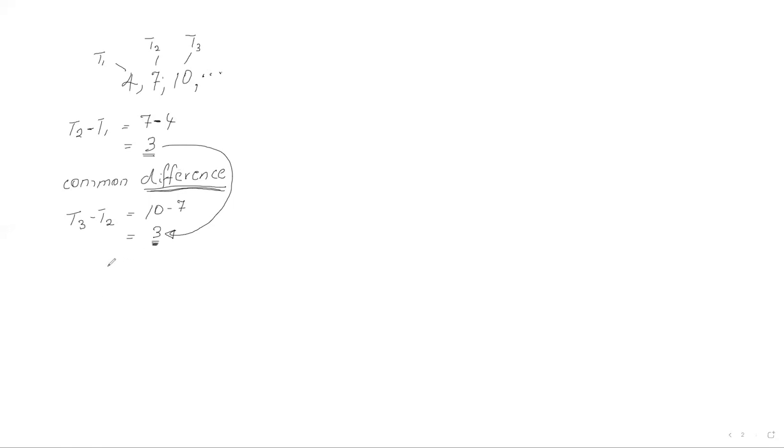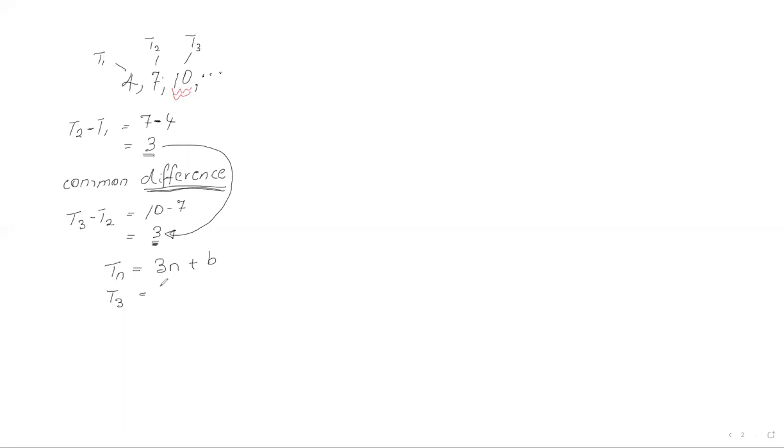Now, if you have to write the rule, Tn will equal 3n plus b. The third term here is given as Tn.